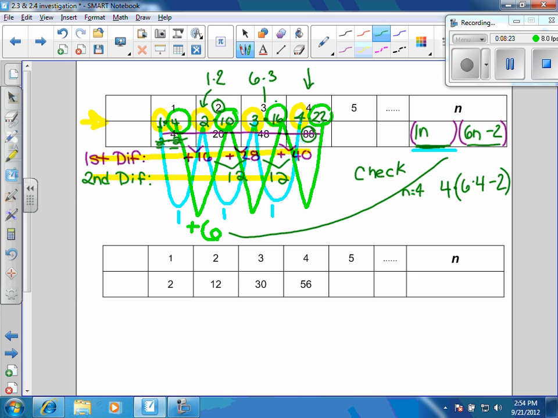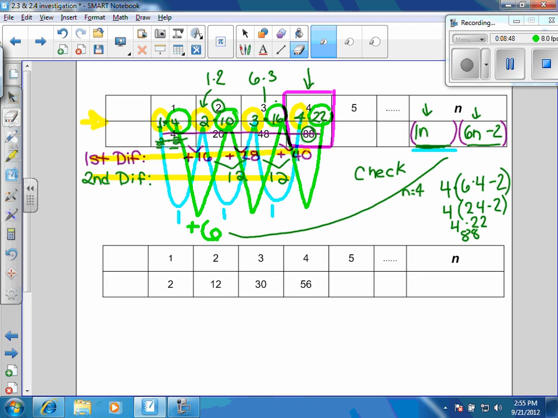So I'm plugging my n value of 4 into here and into there. So 4 times 24, take away 2. 4 times 22 is 88. And that's what we wanted, right? In the original problem, if you erase this, when n is 4, you get the value of 88. Does that make sense? Yeah.